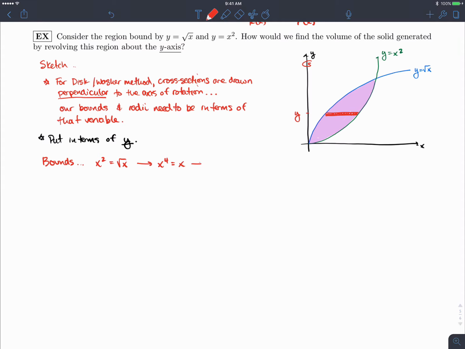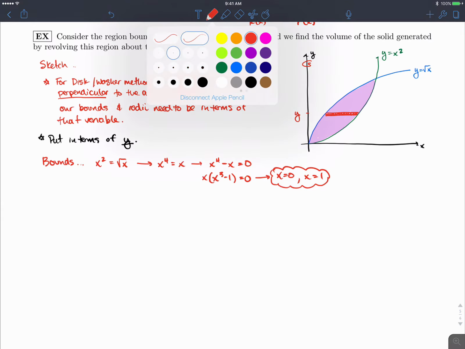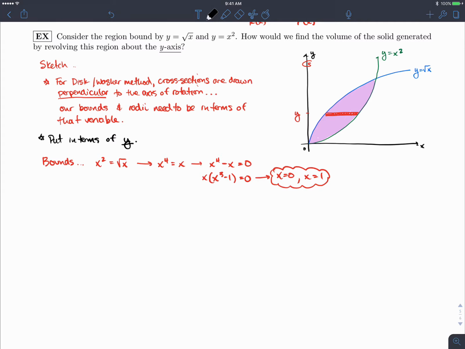And then if we solved this, we would subtract x from both sides, set it equal to 0. We could factor an x out. And this tells us that either x is equal to 0 or x is going to be equal to positive 1. And that kind of makes sense here. So our bounds are going to be from x equals 0 to x equals 1.